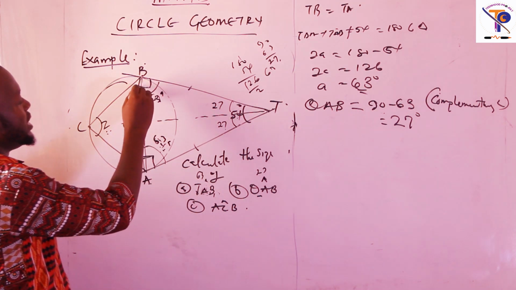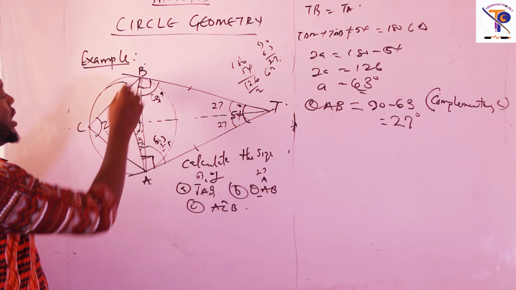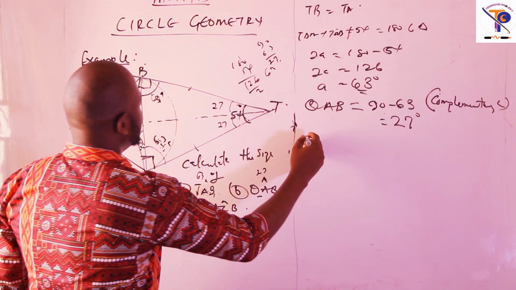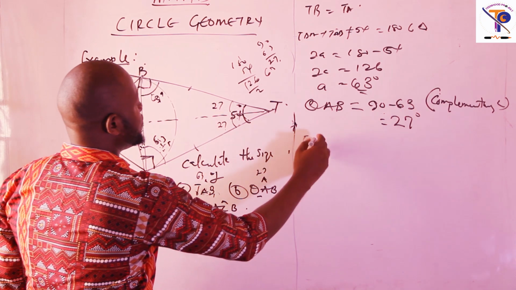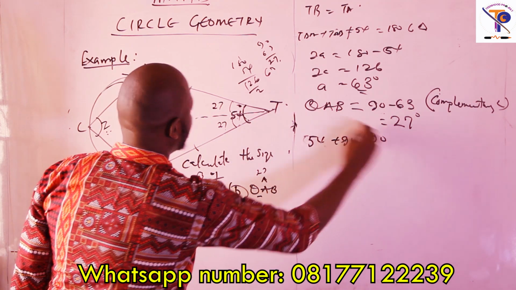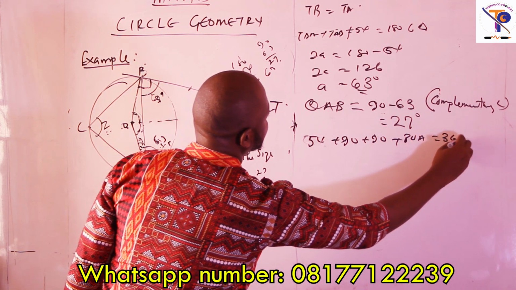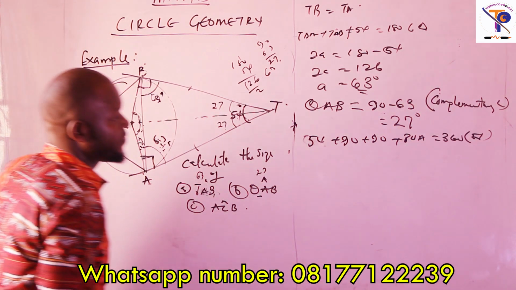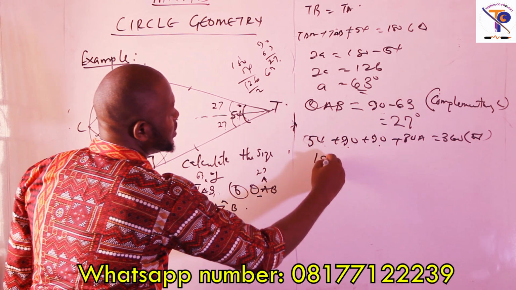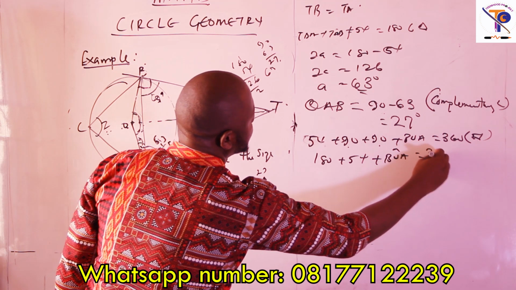So we join 90 here plus 90 here plus 54 here plus this angle AOB to give us 360 degrees. That is a quadrilateral. That is 54 plus 90 plus 90 plus BOA is equal to 360. So we have 90 plus 90, that is 180. 180 plus 54 plus angle BOA is equal to 360 degrees.